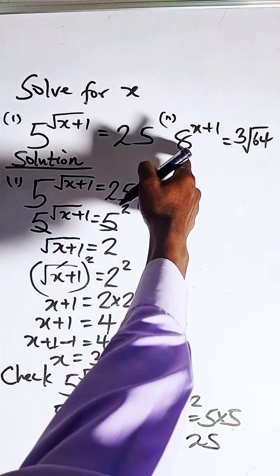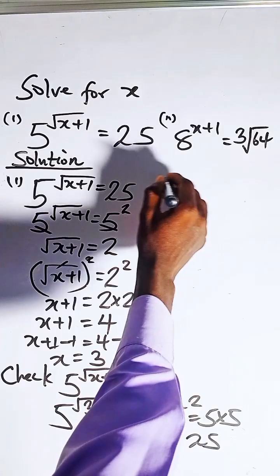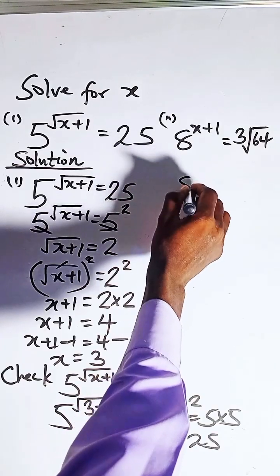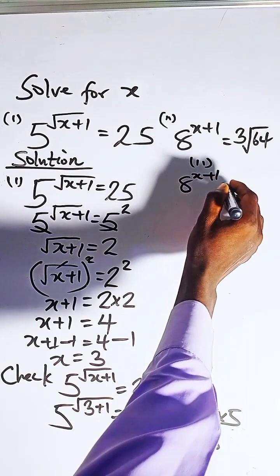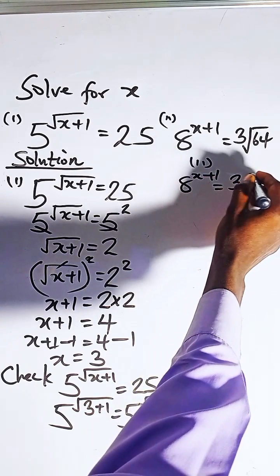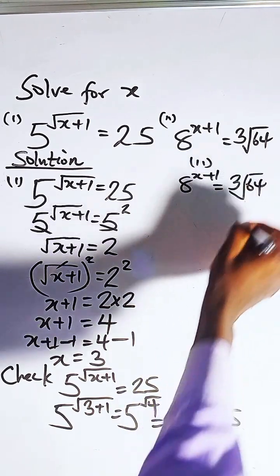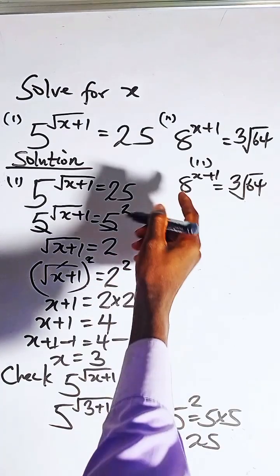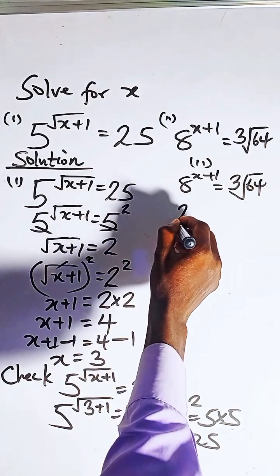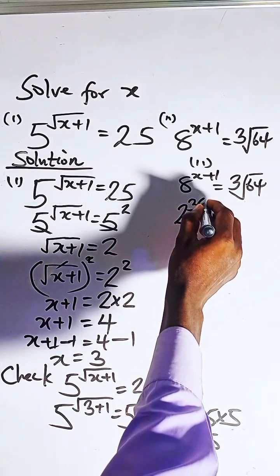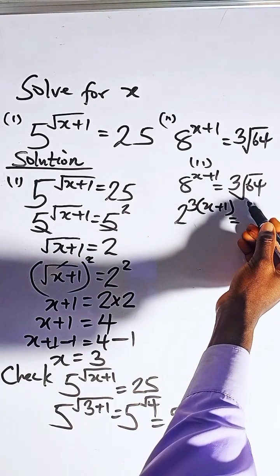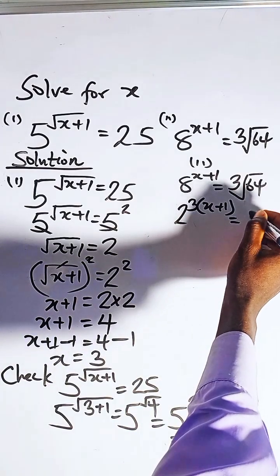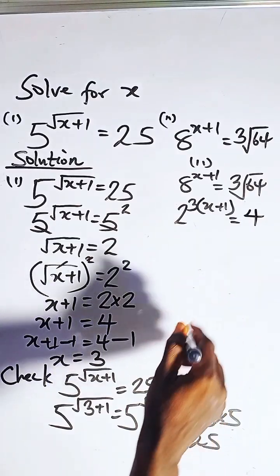So for the second equation, we have 8 raised to the power of x plus 1 equals the cube root of 64. So let's have this in base 2. We have 2 cubed raised to the power of x plus 1, that is 2 raised to the power of 3 times x plus 1. And the cube root of 64 is 4.